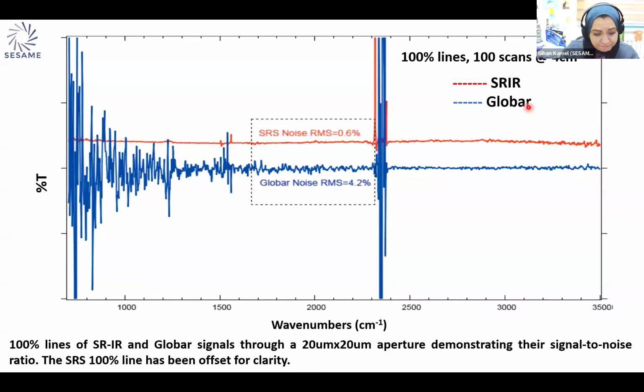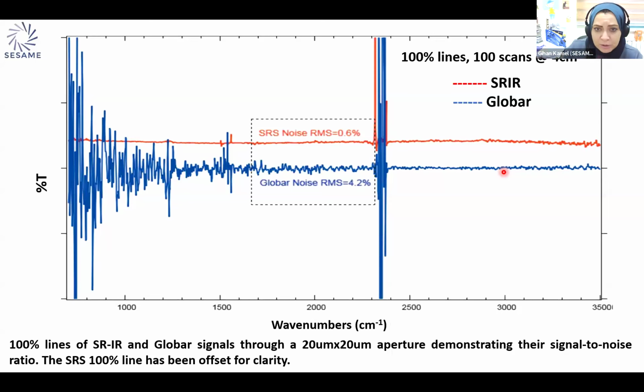And this is another very important test that we also do, which is a test to check the noise level of the two sources, the globar and the synchrotron. So the blue one is the globar noise RMS, which in this test was 4.2%.